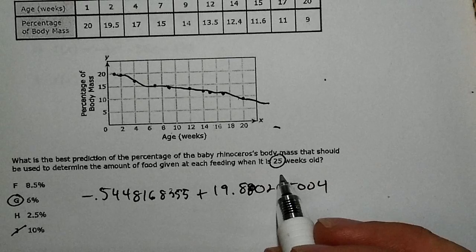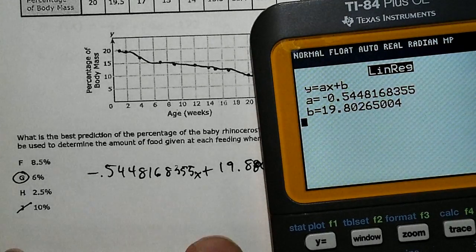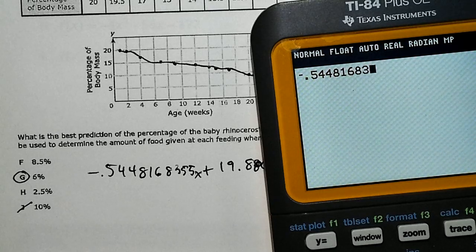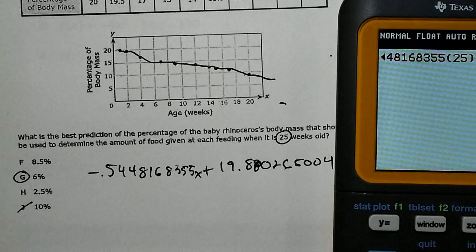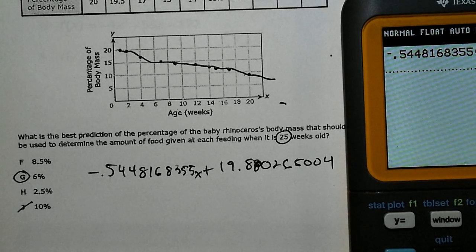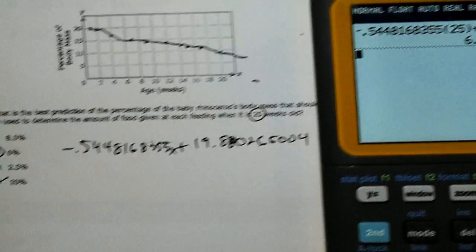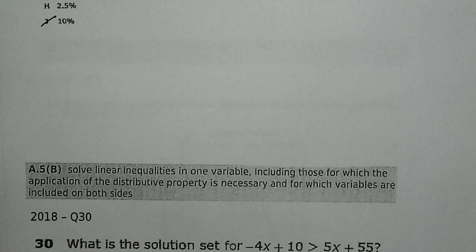Now let's just try plugging in 25 for that X. And that gave me 6.182 and so on, which is pretty close to 6%. So either way you do it, you should still get about 6.